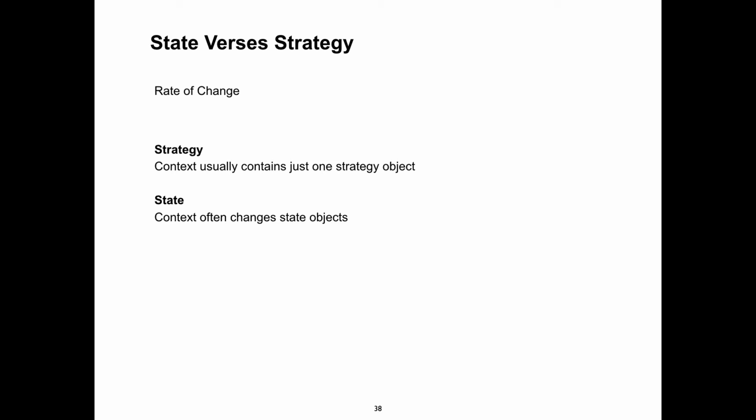With a state pattern, you expect the normal course of events that the state will transition. In the dictionary example, right, it's normal that you start small and grow bigger, right? So yeah, frequently it will change state.